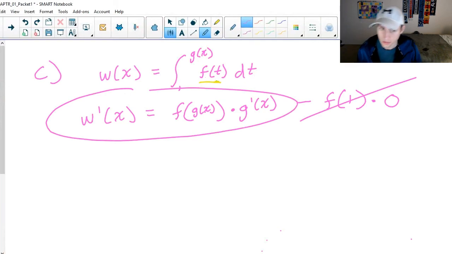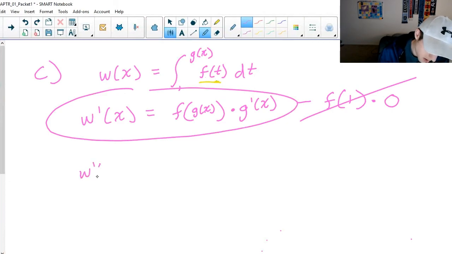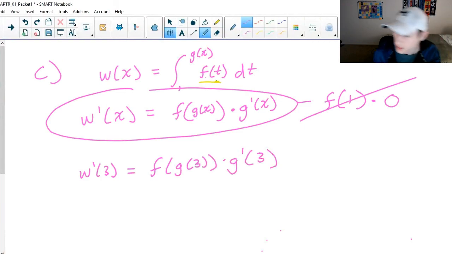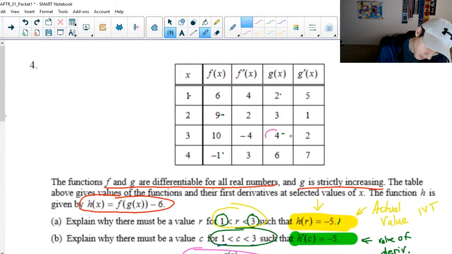Great, so my goal is to find w prime of 3. So f of g of 3 times g prime of 3. So g of 3 is 4. f of 4 is -1.